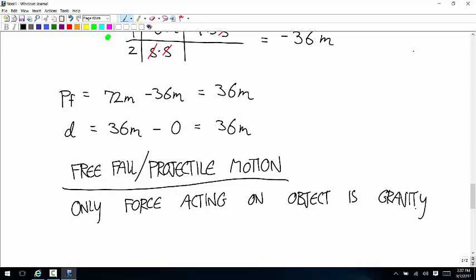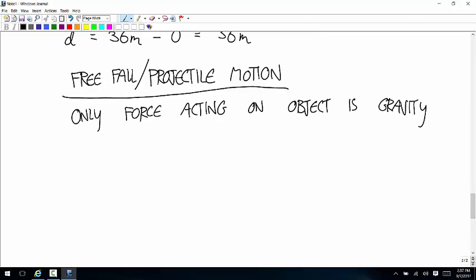Well, as long as we're on Earth, this never holds. So let's change this to say the only significant force acting on the object is gravity, which means as long as air resistance isn't making too big of a difference on the object's motion, we'll consider it free fall.